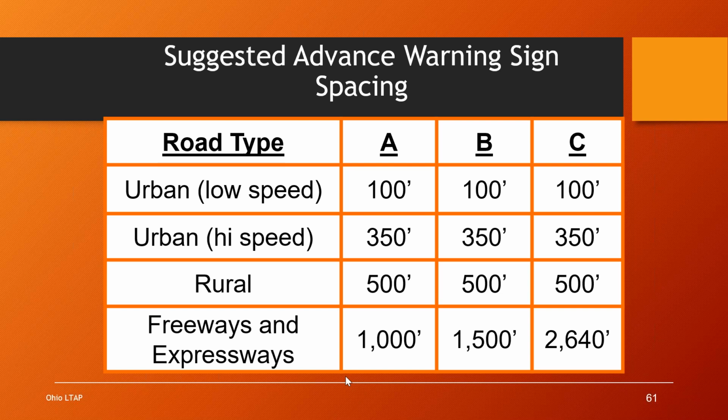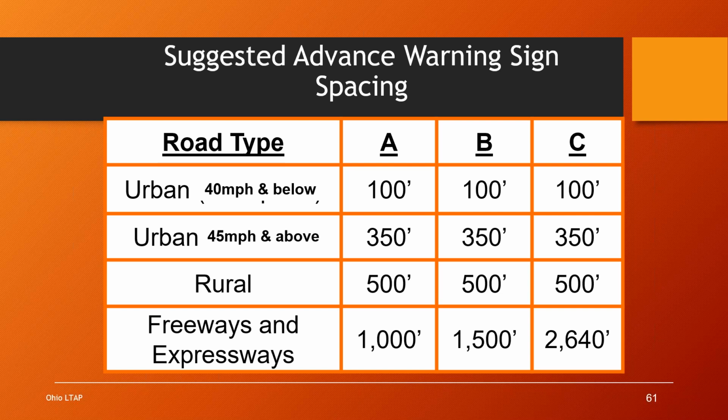So the requirements for advanced warning sign spacing depend upon the type of roadway you're on. If you're on a 2-lane rural road, those signs need to be 500 feet apart. In a village or a city, in an urban setting, low speed at ODOT is 40 miles per hour and below, and in those urban areas your signs can be 100 feet apart, like the typical 35 or 25 mile per hour speed limit sections.